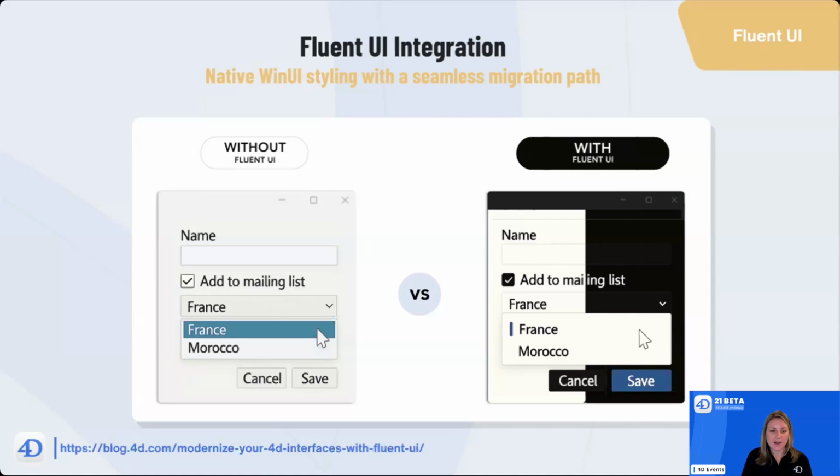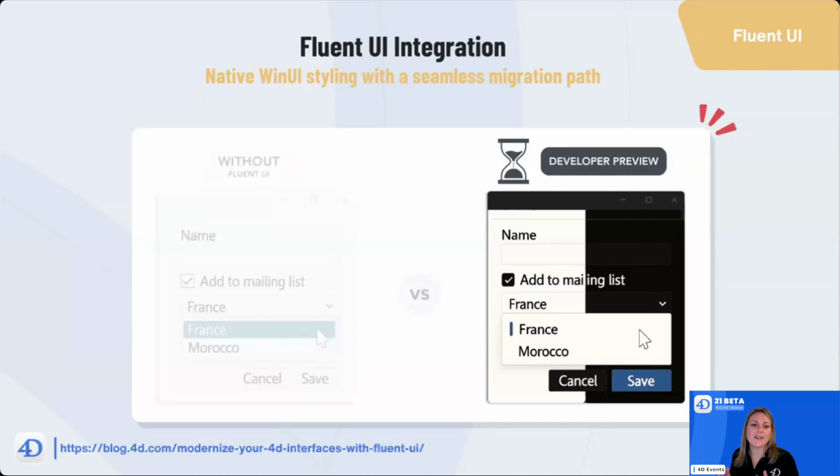A new API, a rebuilt communication layer between 4D and Windows, and native integration with WinUI 3, which is Microsoft's latest UI technology. This gives your form a modern Windows look while staying compatible, future-proof, and ready for upcoming Windows versions.